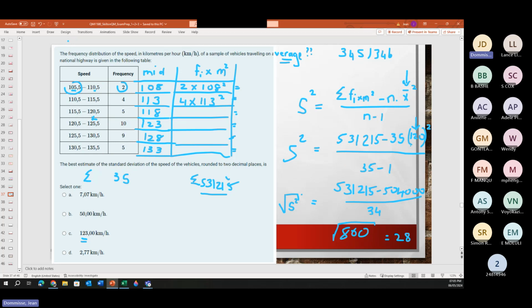If that becomes 115, then suddenly your whole answer, and that is just by 5, your answer suddenly becomes 261.